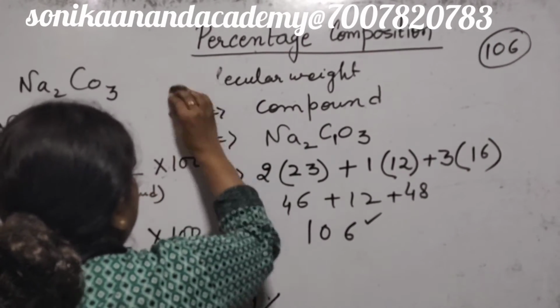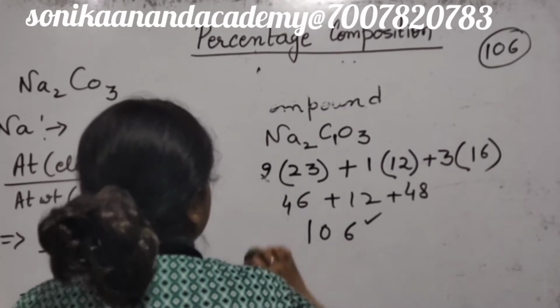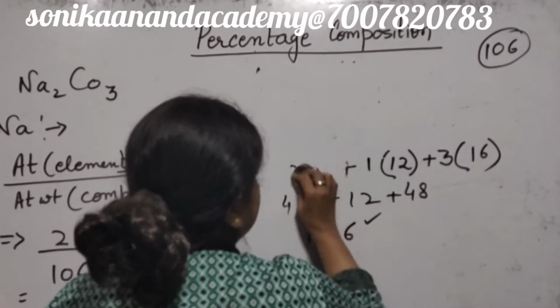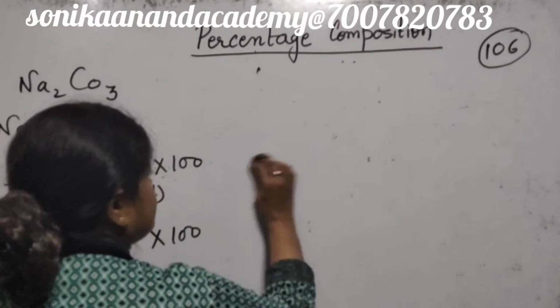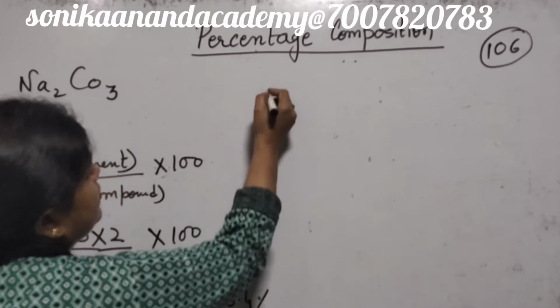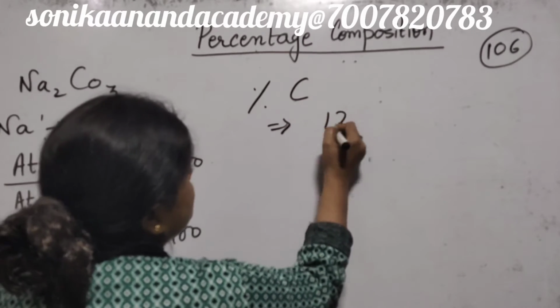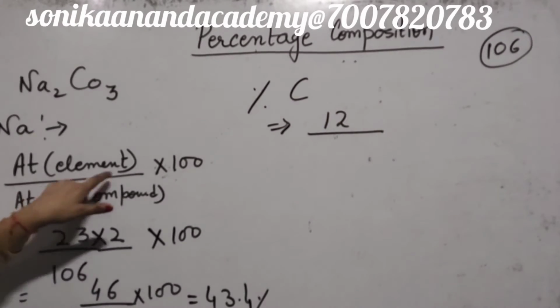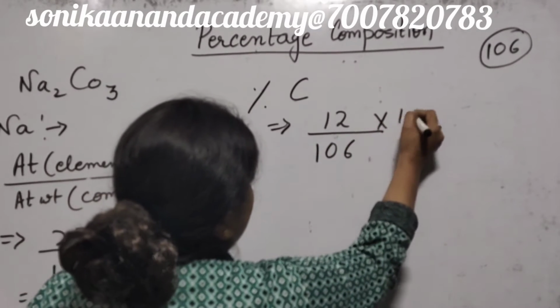Clear? Now for the carbon, how will we find? Now the percentage of carbon. Atomic weight of the element, that is 12, upon net atomic weight 106 into 100.